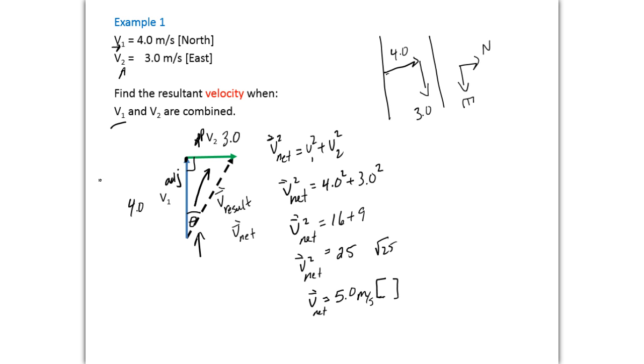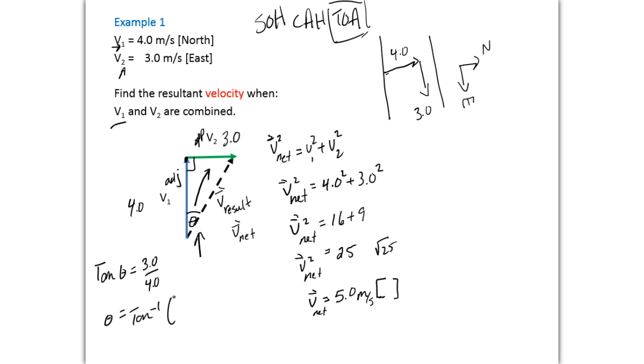So of the trig functions, if you want to remember SOHCAHTOA, the only one that we can use is tan. So tan of theta is your opposite, which is 3, over adjacent, which is 4, and to get theta, it's the inverse tan of 3 over 4.